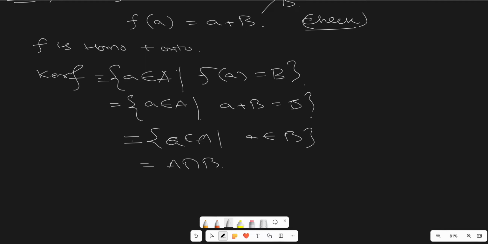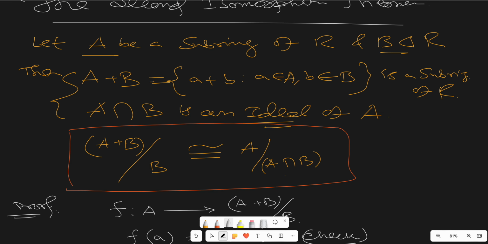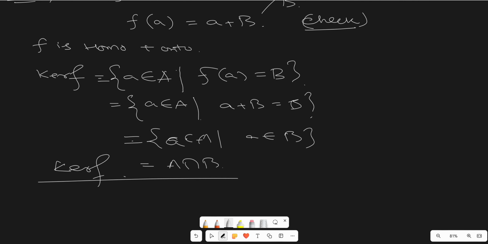So you know, the kernel is an ideal. I have just given that the kernel is a normal subgroup, right? So the kernel is also an ideal. In this lecture I have given you the exercise that the kernel is an ideal of the domain ring.